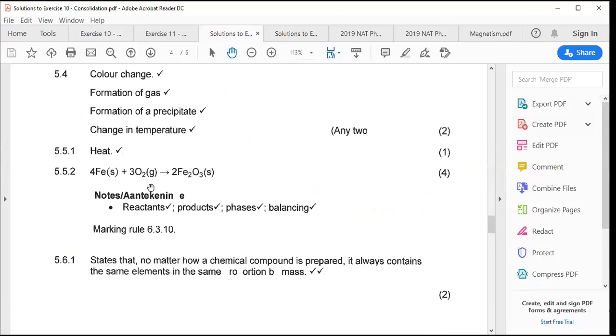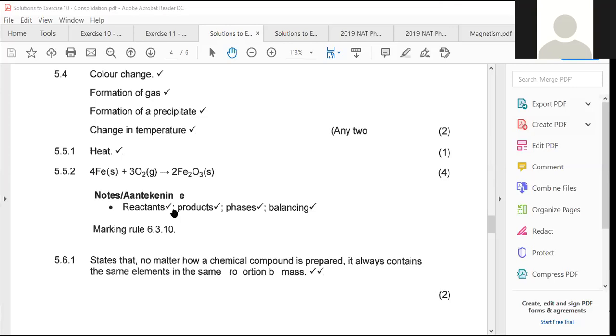Then on your answer, you have to balance it. So iron is going to be 2, then actually here, iron is going to be 4. Then your oxygen here is going to be 3, and your iron oxide is going to be that one. Are you okay with the balancing? Or should I do it? Yes, I must do the balancing. Are you fine?